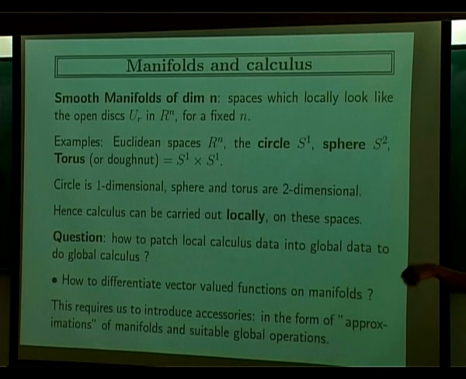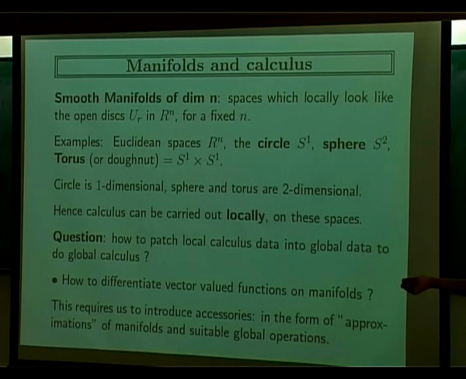everything. But if you do something locally, you also need that this local data should be patched together in an appropriate manner so that they give something globally, right? So this is called the global calculus. So the basic question is that you need to patch local data into global objects, and this is one aspect.